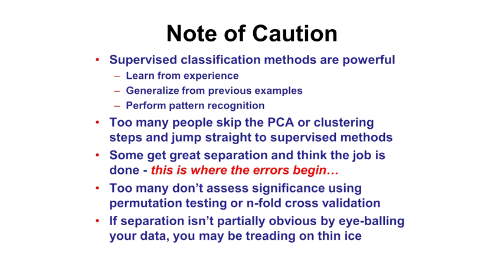And this is where a lot of mistakes have been made, and they're still made. And so if you don't assess the significance using some kind of cross-validation of your separations or your clusters, you're basically reporting artifacts. As a basic rule, if you couldn't see a separation trend from the PCA or from just looking at your data carefully before you even started the statistics, then you actually may be treading on some thin ice. As I say, it's always possible to find a separation when you deal with multivariate statistics. It's just a question of, is it real or not?